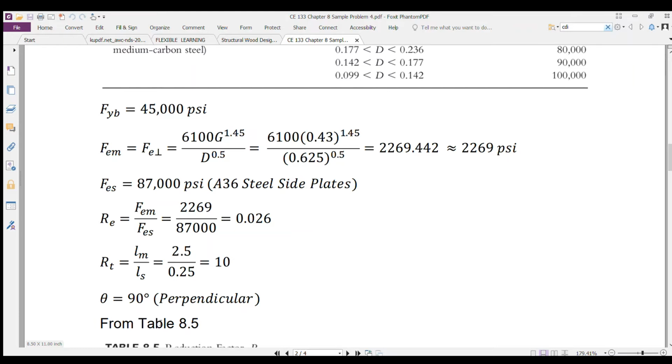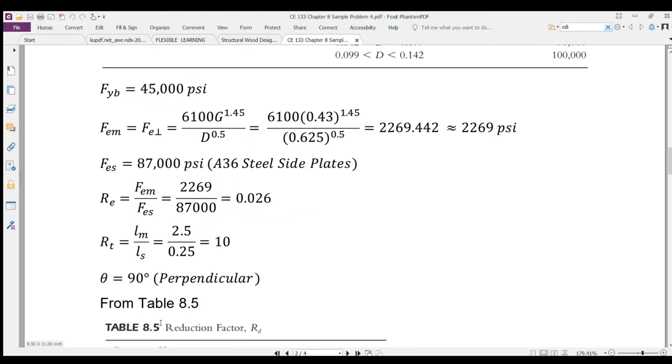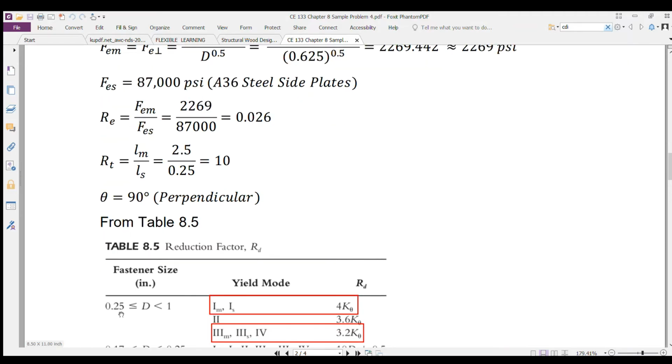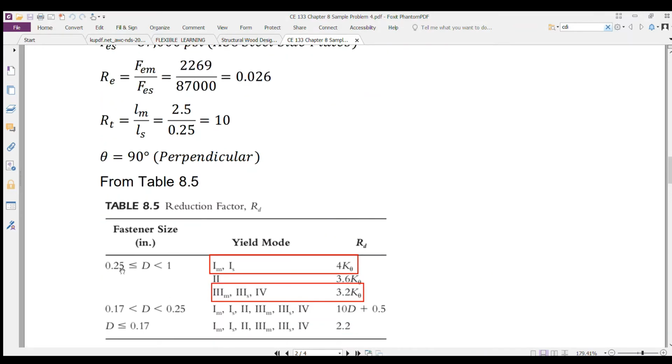So from table 8.5, we need to determine the reduction factor R sub D. Since our value for D is between 0.25 and 1, since our diameter is 5/8 inches, we will consider the yield modes: case 1 for the main member, case 1 for the side member, as well as case 3 for the main member, case 3 for the side member, and case 4.